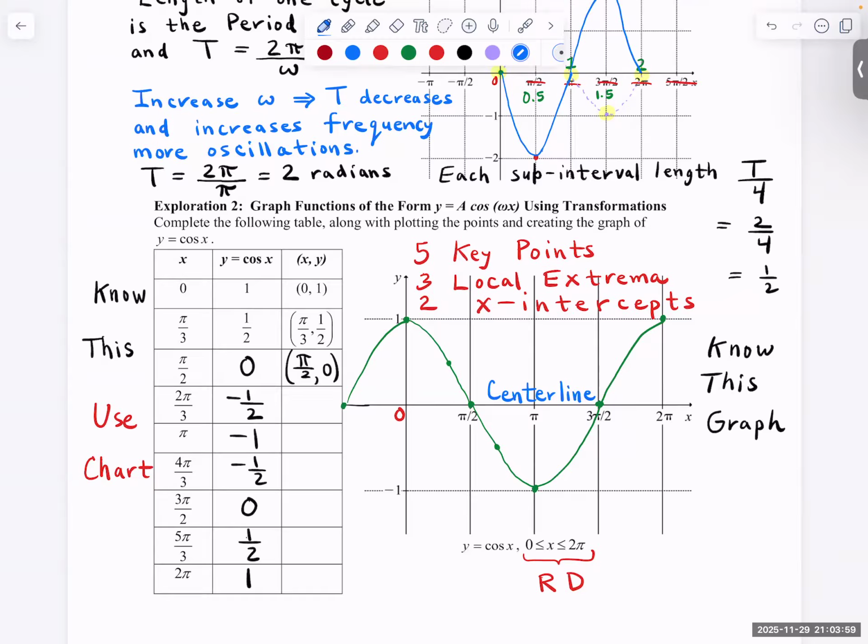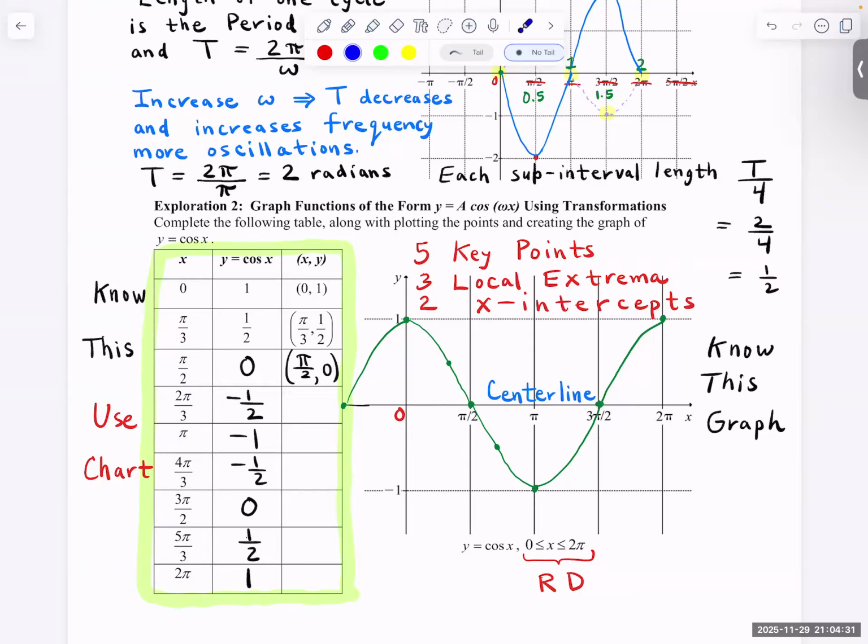So this table is also on the unit circle chart. And the first column represents an angle measure x in radians from 0 radians to pi over 3 radians, where the cosine is 1/2, pi over 2, the cosine is 0, and so on. 2 pi over 3, the cosine function value is negative 1/2.